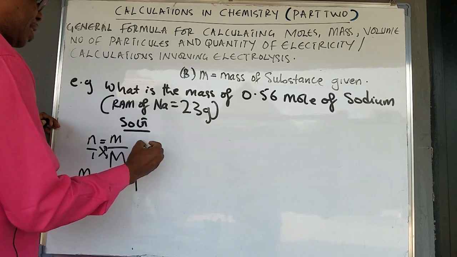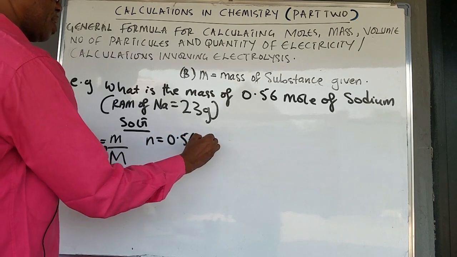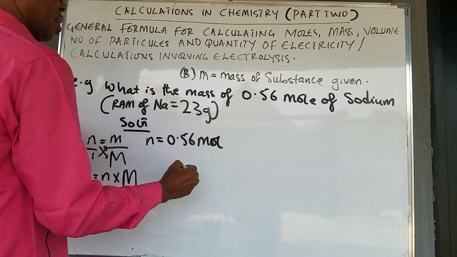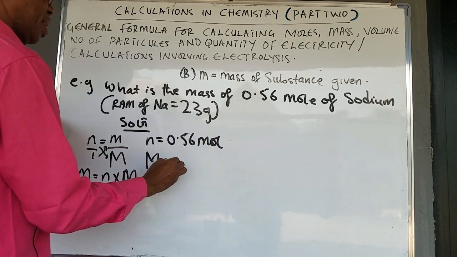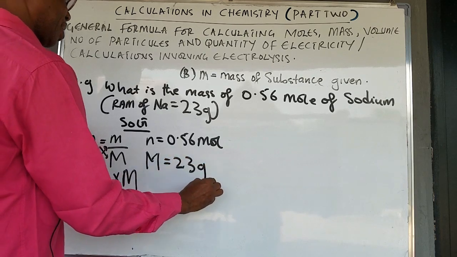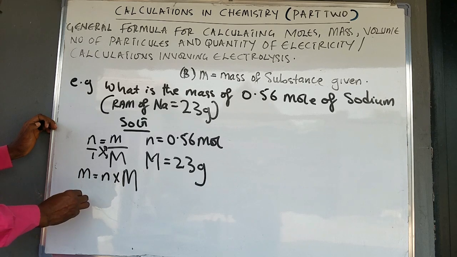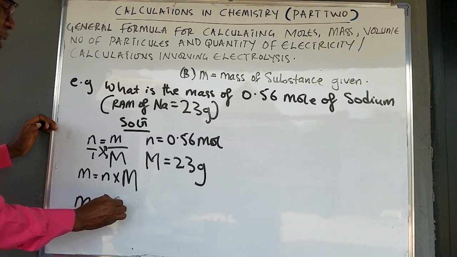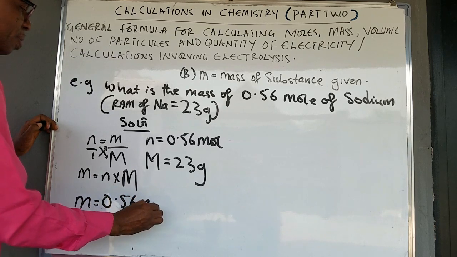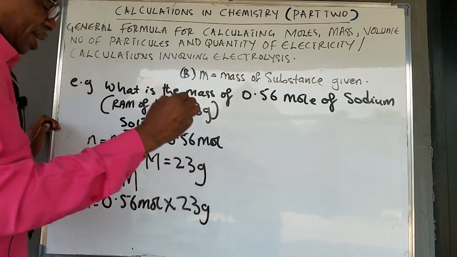Notice that you are looking for small m. Do you have n? Yes. n is equal to 0.56 mole. Then big M, which is the RAM of sodium, is 23 grams. So how do I find m now? My m is equal to my n, which is 0.56 mole, times 23 grams.